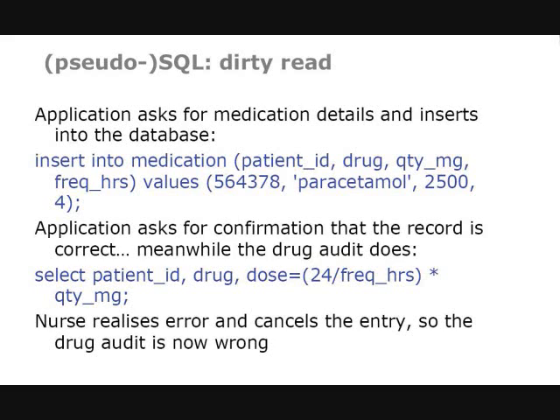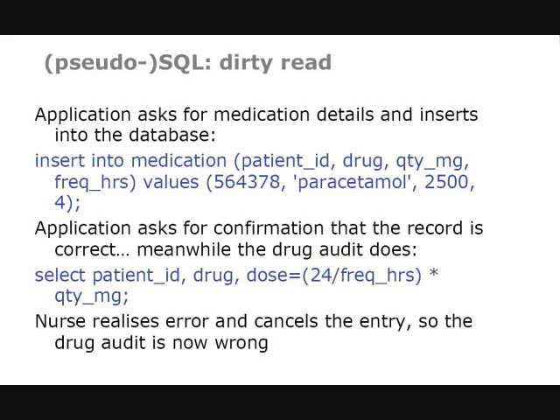If I wanted to look at it in SQL or pseudo SQL, I will have something like insert into medication, patient ID, drug, quantity, and frequency, and I'll have whatever values plus the 2,500 grams. Then the application might ask for confirmation that the record is correct, but meanwhile the drug audit comes and takes the data that is not fully committed.